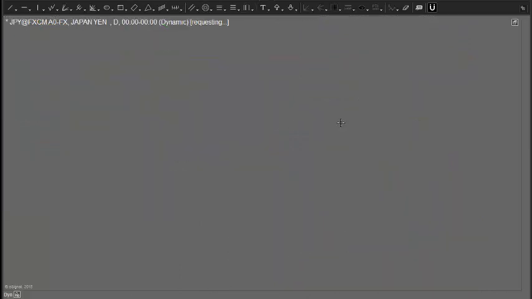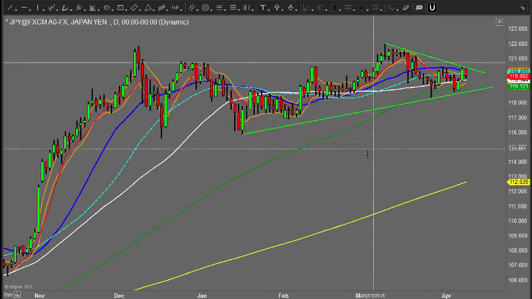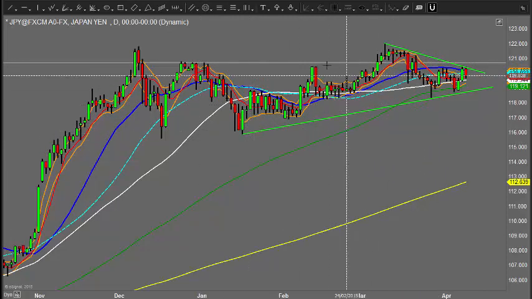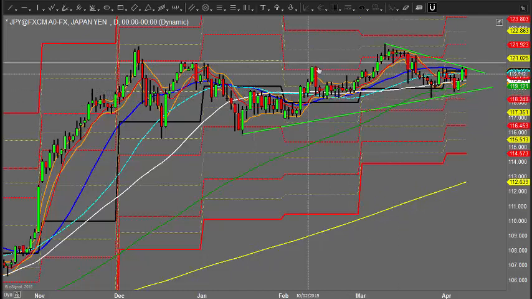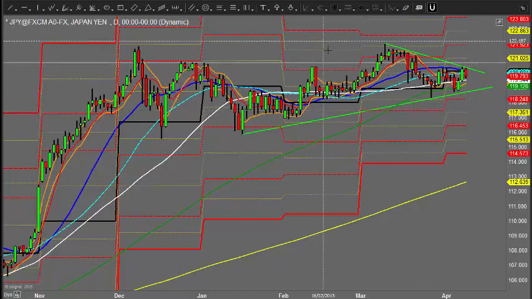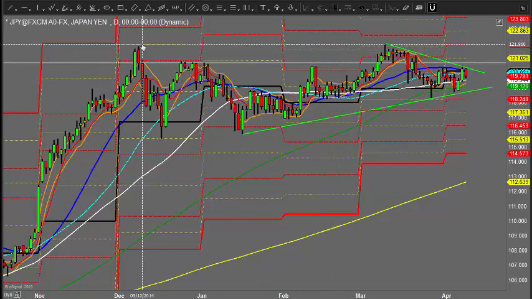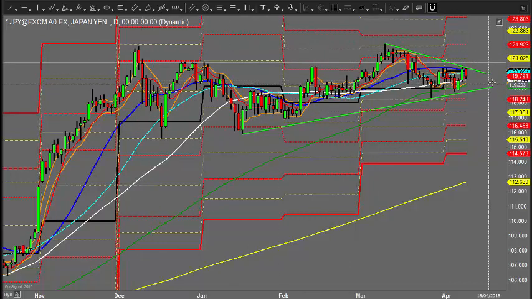Looking at dollar yen. Another wedge, more consolidation. As I said some time ago, and I say it in the weekly and daily updates I do, the morning updates, with the dollar yen we've been sitting in a range which the Japanese are happy with. There's a range between 120 and 122 where they're quite happy with the price sitting.